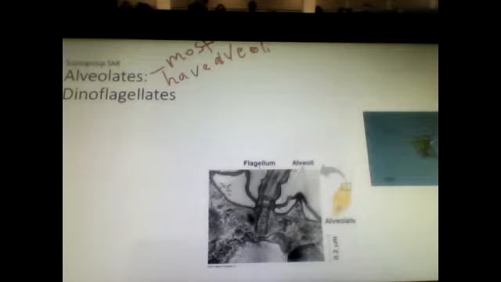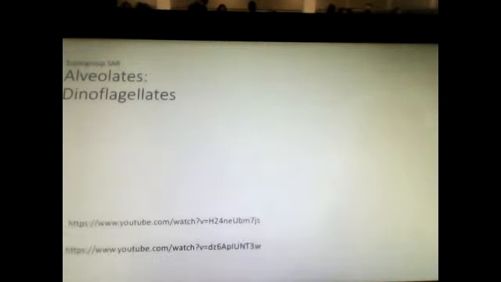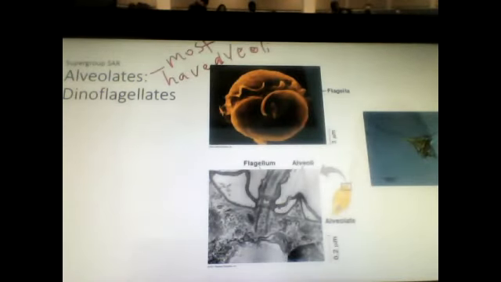So dinoflagellates, not surprisingly, have flagella. They actually have 2 flagella. I think we're going to say all dinoflagellates have 2.